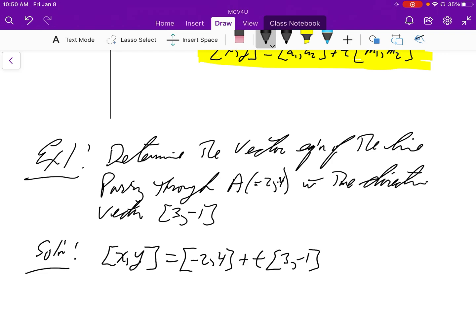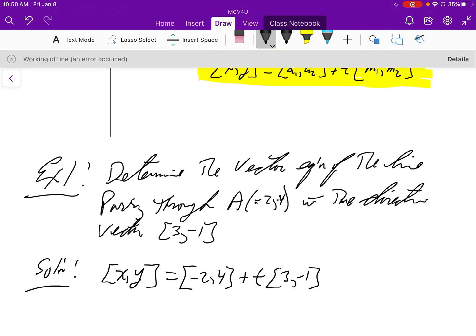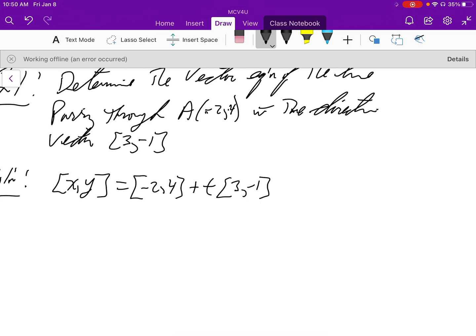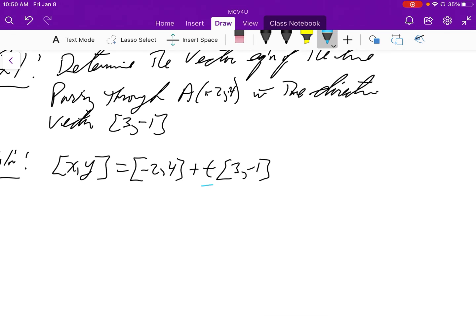Okay? That's it. That is the vector equation. Now, how does that give us every point that's on the line? The key is this t, the parameter here. When we change the value of the scalar, we change the point.